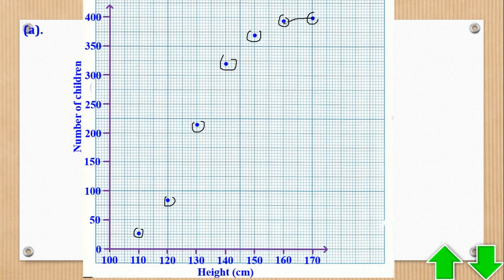Then draw a reasonably smooth curve through all these values and join the origin. So let's do that. Okay. Then that will be part A. Then we shall now go to the questions asked.